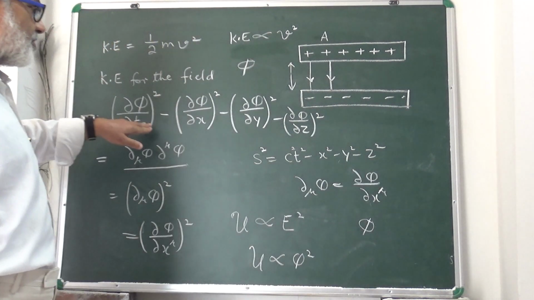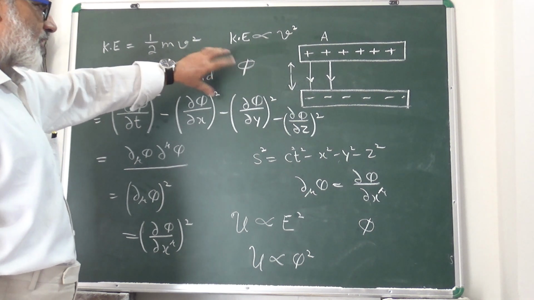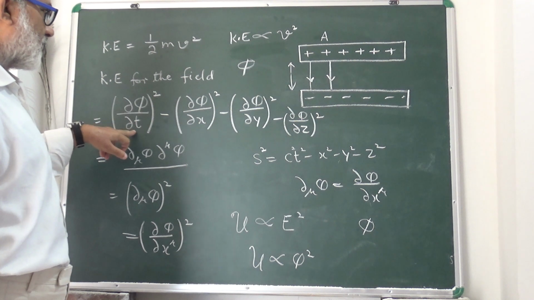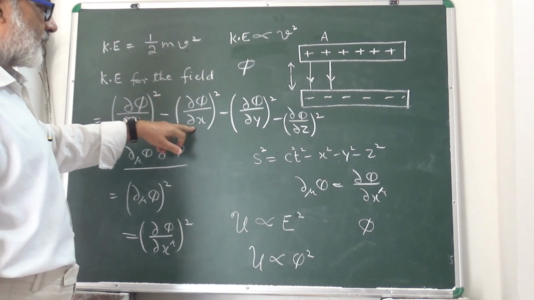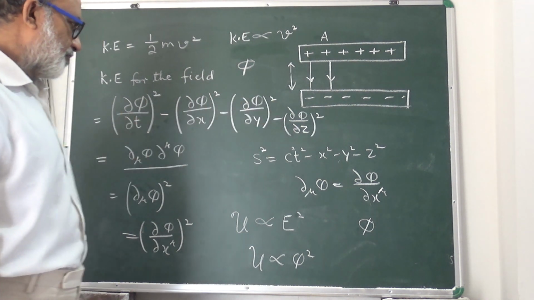Similarly here, the kinetic energy for the field will be the variation of the field with respect to time as well as with respect to space. This is the time part, this is the variation with respect to x, this is with respect to y, and this is with respect to z.